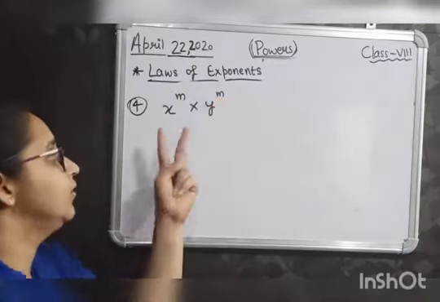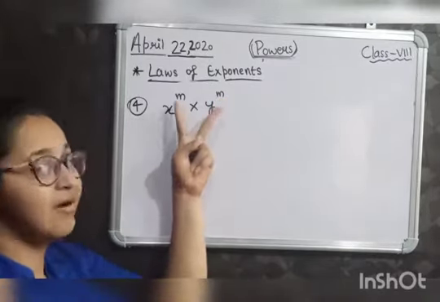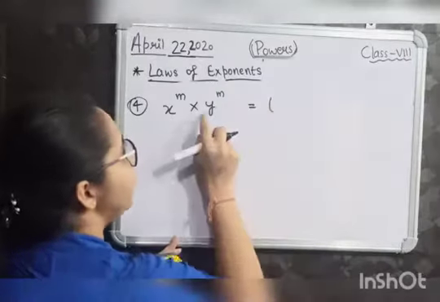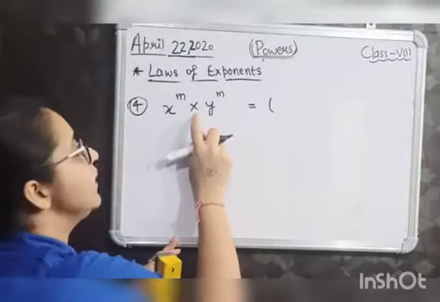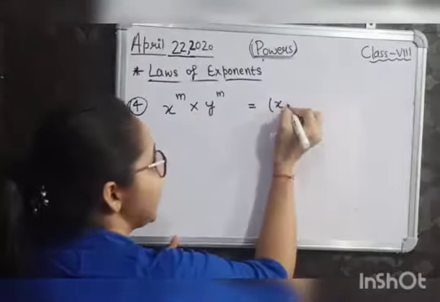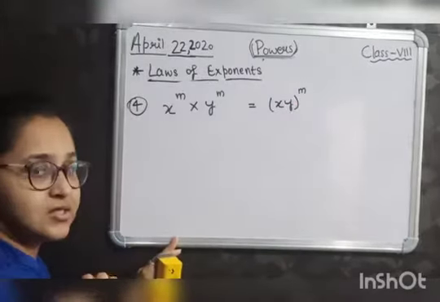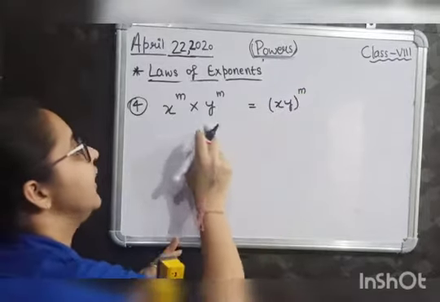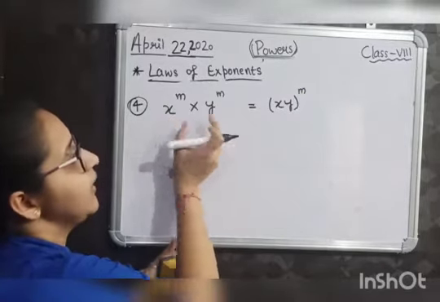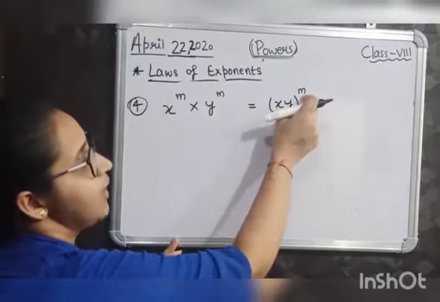It means in these two numbers the power is the same but the base is different. How will you solve this? You will just multiply because the operation is multiplying. So you will just multiply the bases and keep the power as it is.